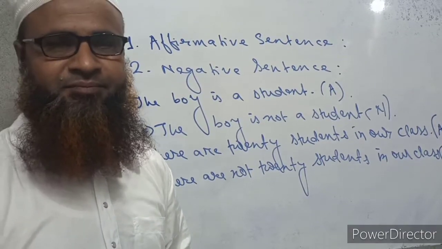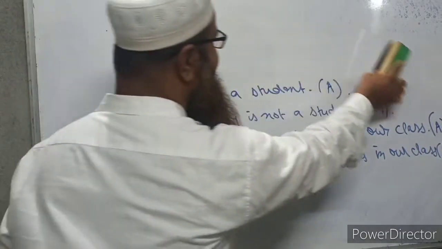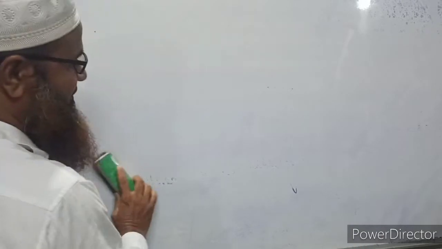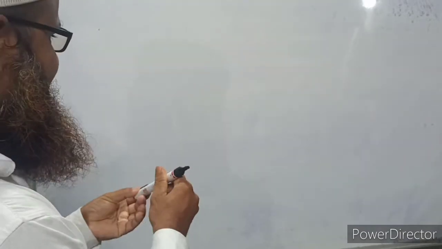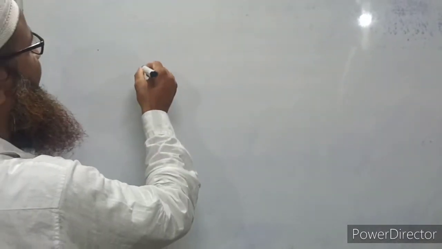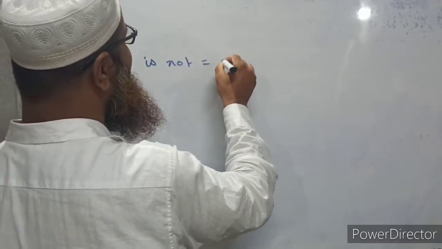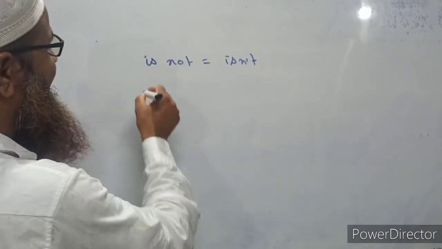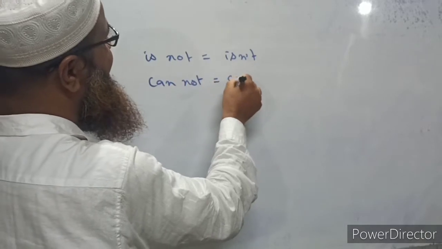We can add them in contracted form also. When we use not in contracted form with the auxiliaries, sometimes their forms become a little different. So I am writing on the board, when I write is not, it can be contracted like isn't. But if we contract cannot, then it will be can't.